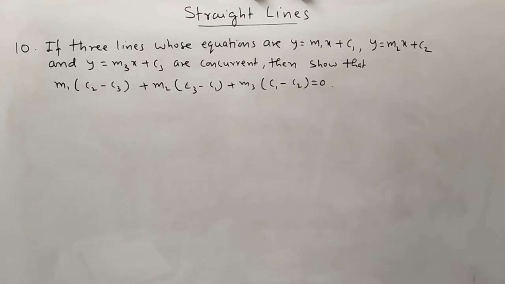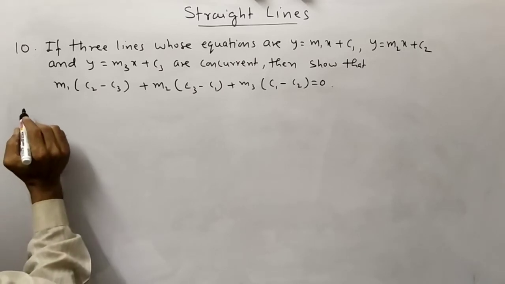Tenth question. If three lines whose equations are y is equal to m1x plus c1, y is equal to m2x plus c2, and y is equal to m3x plus c3 are concurrent, then show that m1 into c2 minus c3 plus m2 into c3 minus c1 plus m3 into c1 minus c2 is equal to 0. Solution.